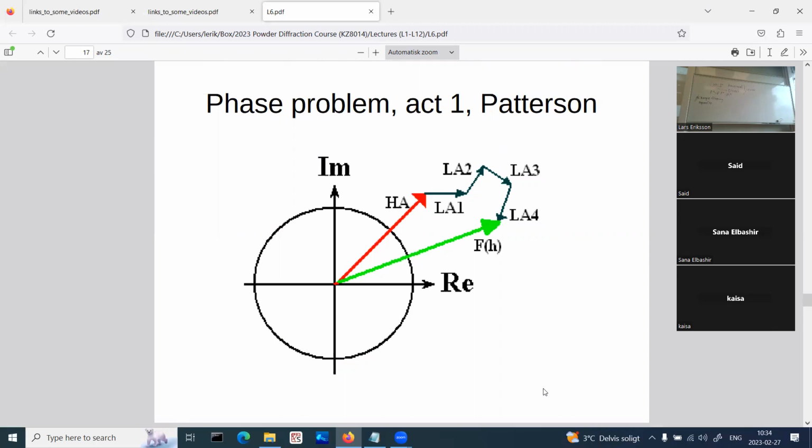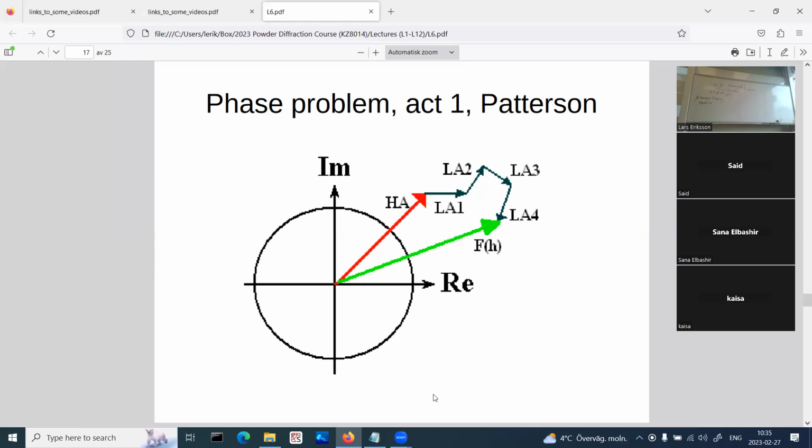Essentially, if this green arrow is the true structure factor for each of the reflections, and we can find a heavy atom, maybe only one heavy atom that is dominant, then we can calculate the Patterson map, or we can guess a heavy atom.